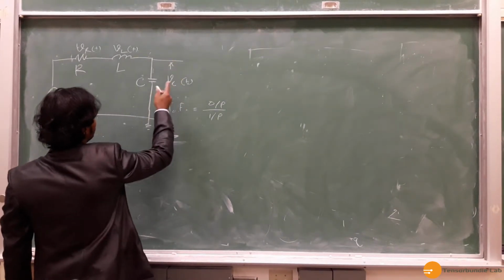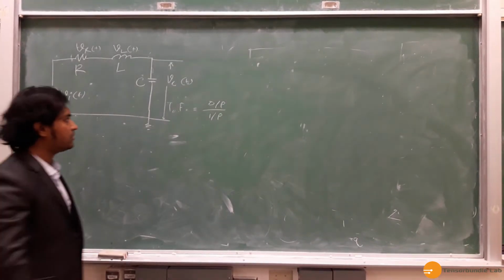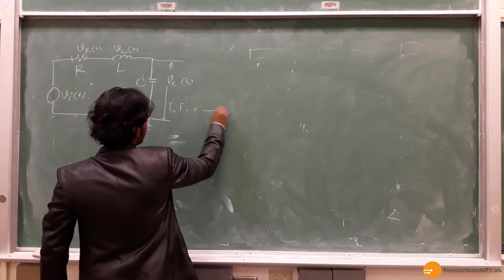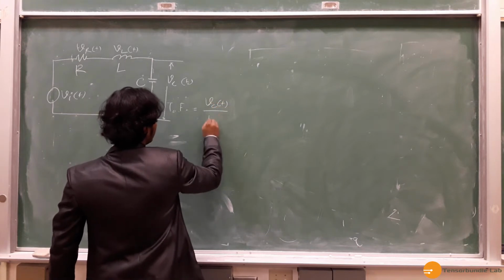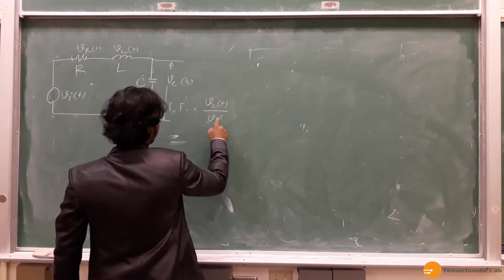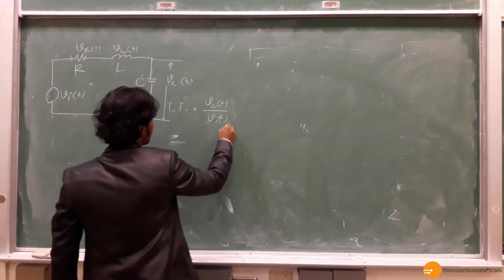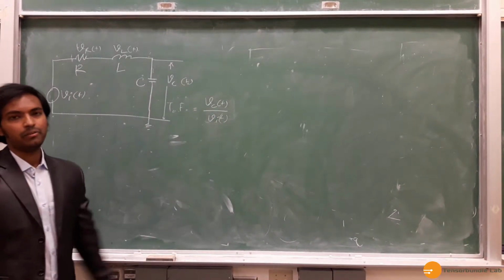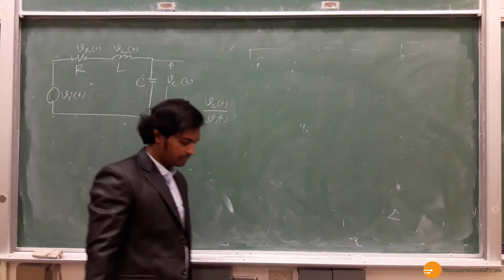So V of C is our output. So the transfer function for this circuit will be simply V of C over V of I, right? We want to find this quantity by using the Laplace transform, all right?